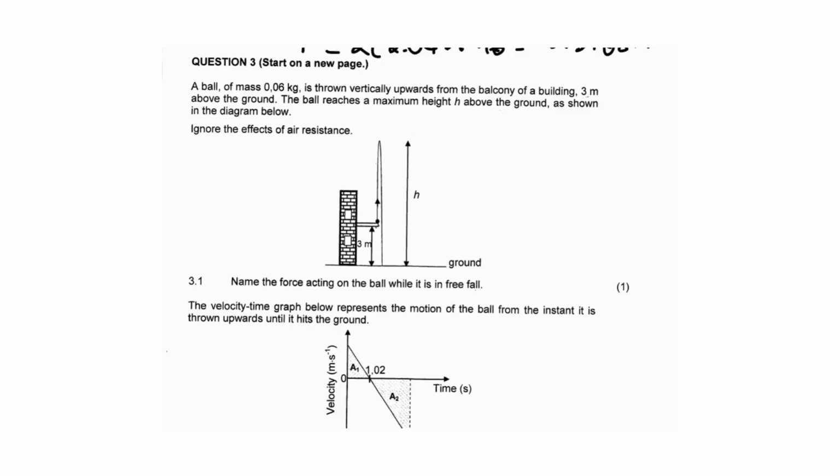Question 3.1: name the force acting on the ball while it is in free fall. We all know that whenever something is in free fall, the only force it experiences is the force of gravity. So the answer is the force of gravity, or the weight.